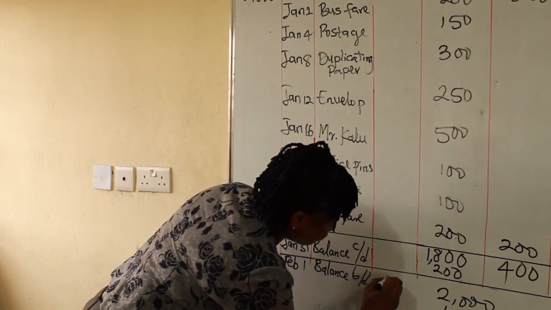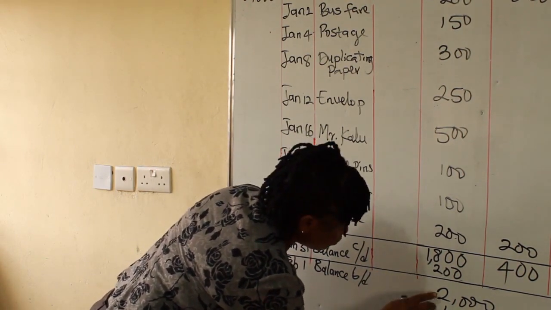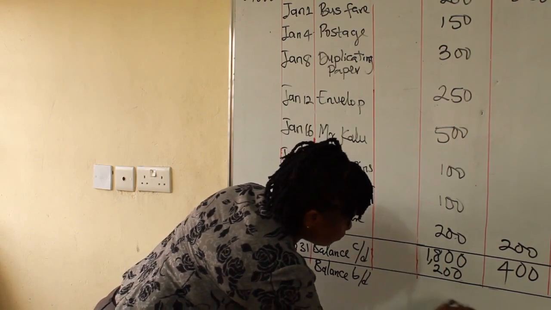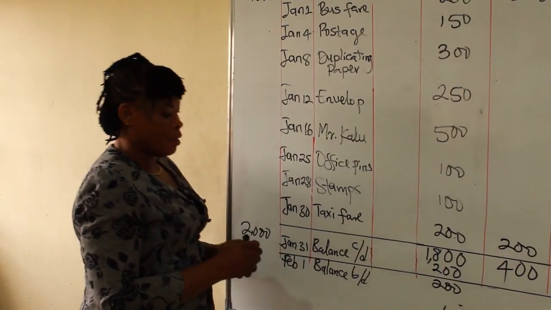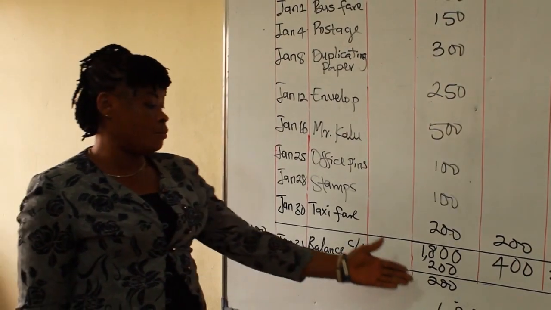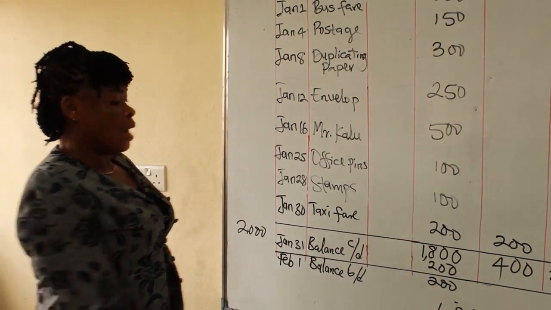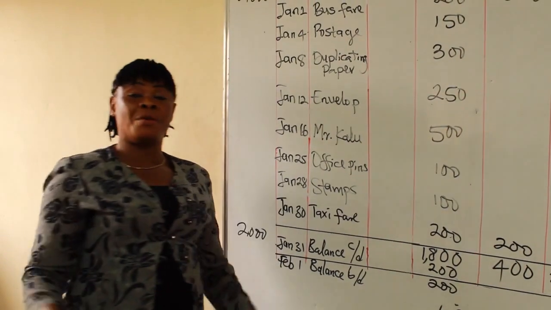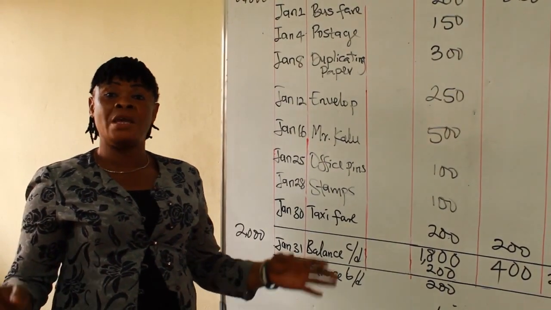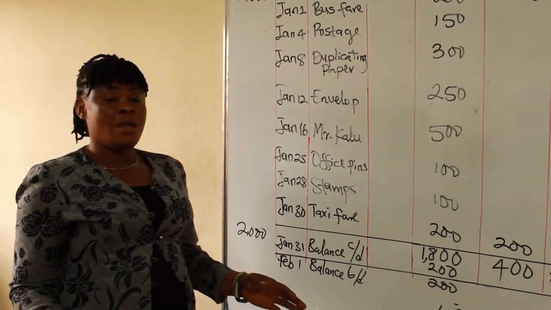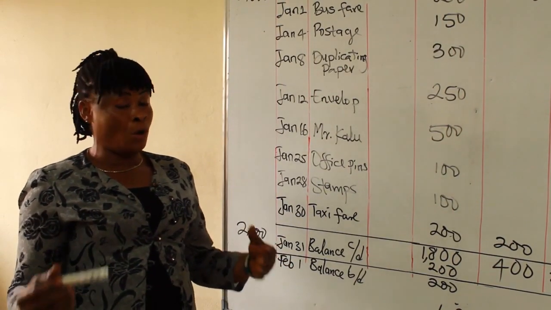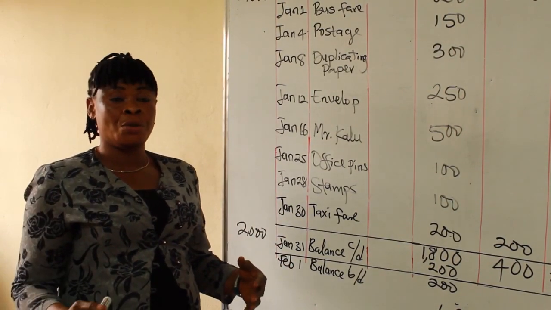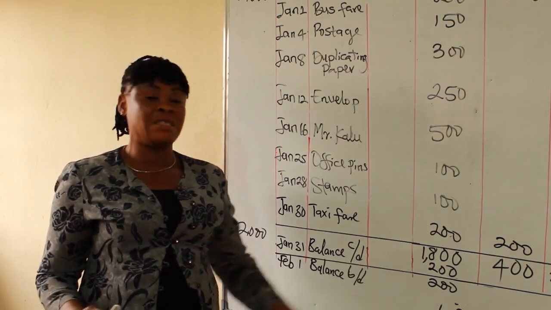It will be written here. That is balance brought down. Now this 200 naira is what is remaining with the petty cashier. For them to continue, that is for the organization to continue, they have to reimburse this amount.